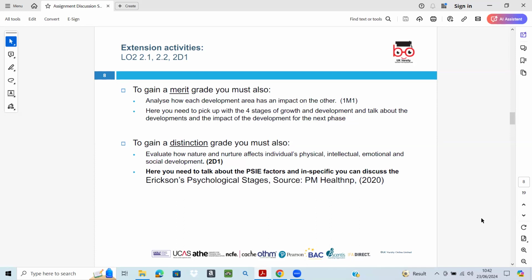We need to elaborate on Erikson's stages of psychological development, emphasizing how successful navigation of each stage contributes to overall well-being and personal growth.